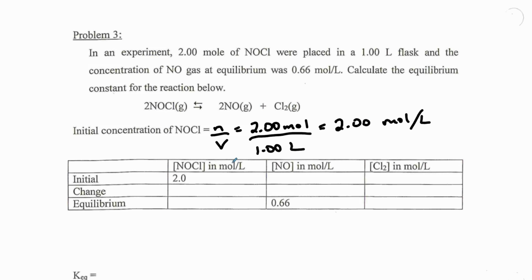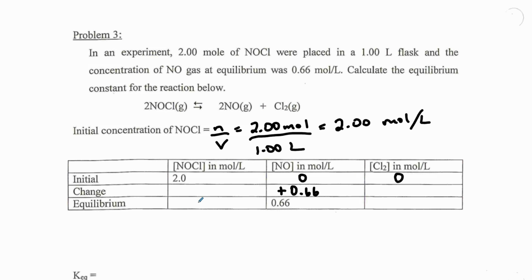Okay, so we put that in for our initial concentration of our reactant. The other 2 are products, so they would start at 0. The equilibrium concentration that we're given is that of NO, and it's 0.66. So we can use that. So we've got a positive change of 0.66 to get between these points.